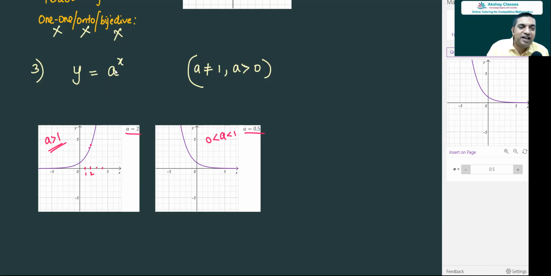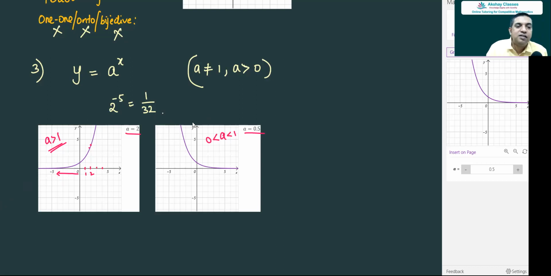And when you go to the negative side, x is negative. This is very, very important in limits. It is very important in finding areas under curves. And this graph is very, very important. So you see when x takes smaller and smaller values, x equal to -5, you get 2 power -5, which is 1 by 32.